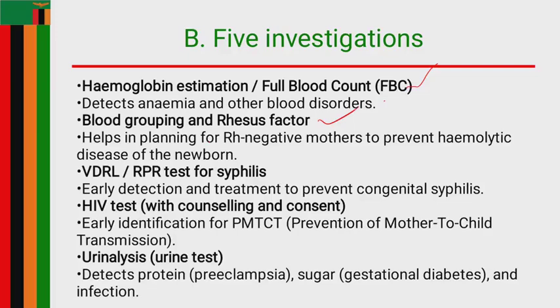We can do blood grouping for cross-match and rhesus factor just to help plan if the mother is rhesus negative, and this will help prevent hemolytic diseases in the newborn. We can do RPR test for syphilis, and this will help detect any presence of syphilis and, of course, early treatment.